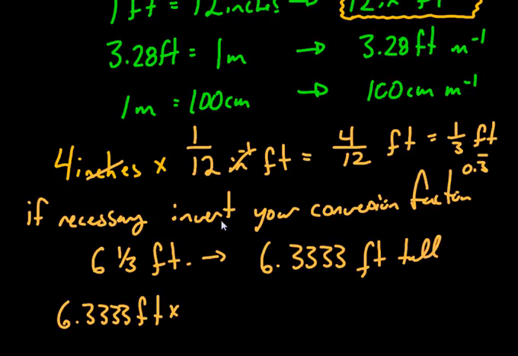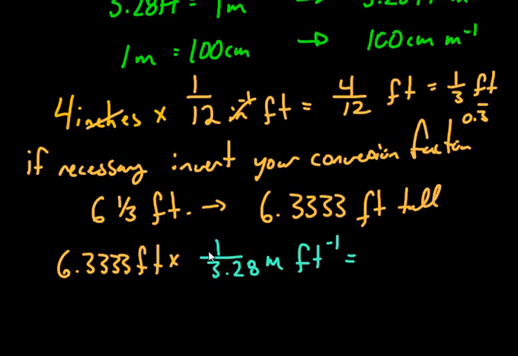Okay. So what we're going to say is we have 3.28 of a meter for every foot. So every foot is 3.28 of a meter. Okay. So I'm going to convert 6 foot 4 inches into meters.